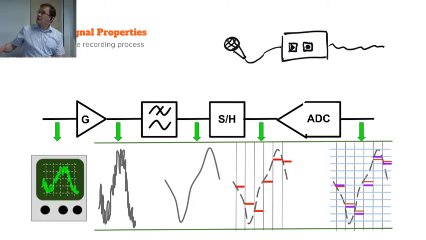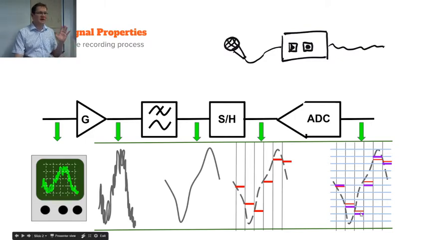So basically, it could be, for example, something like that. G is gain, amplification. So after that, you have a digital signal, or digitized signal.